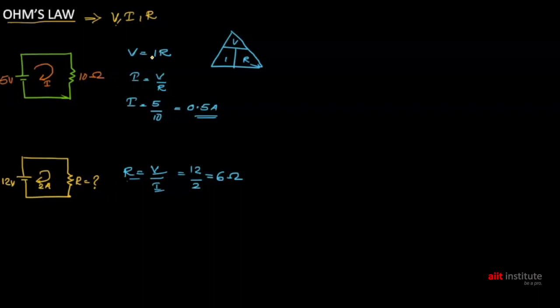The devices that obey this voltage, current, resistance relationship are called ohmic devices, and if a device doesn't obey Ohm's law, we say it's a non-ohmic device. So Ohm's law is a fundamental principle that gives the relationship between voltage, resistance and current.